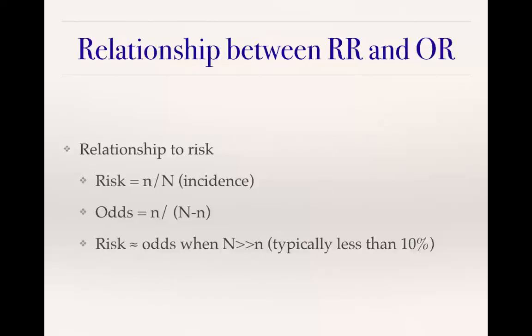Let's look at the relationship between relative risk and odds ratio. The odds ratio is approximately equal to the relative risk when the incidence of disease is low. You'll note here that I've got that it's typically less than 10%.